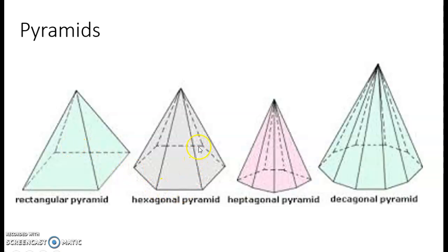This is a hexagonal pyramid. The bottom of it is a hexagon. Heptagonal pyramid: the bottom of it is a heptagon, a 7-sided figure. And this is a decagonal pyramid. The bottom of it is a 10-sided figure. Notice that with pyramids, the faces up here are all triangles, and you name it by the shape that's on the base of the pyramid.